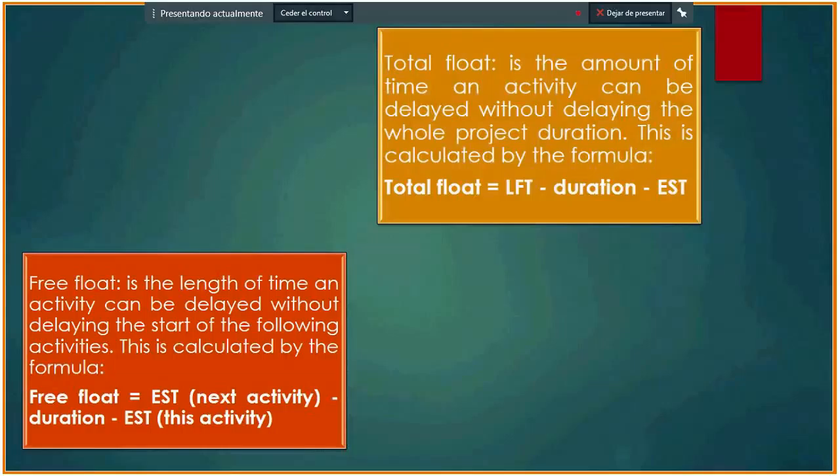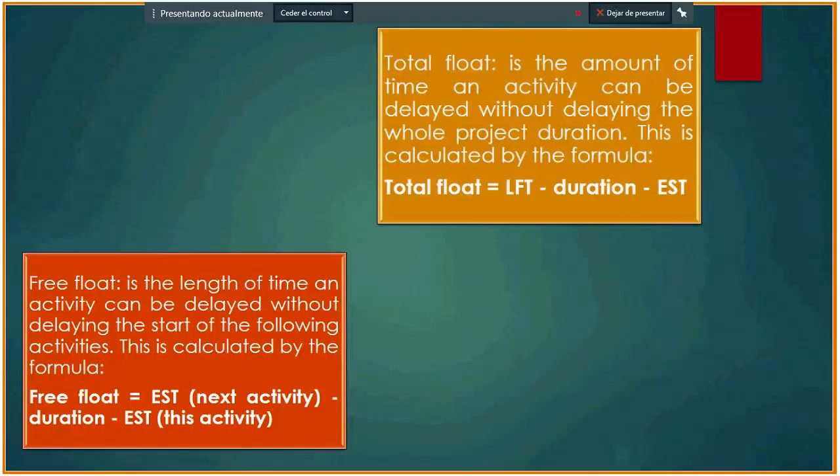Okay. What is the meaning of float? You say free float and total float. What is that? Float is, for example, in Spanish, holgura. Okay.